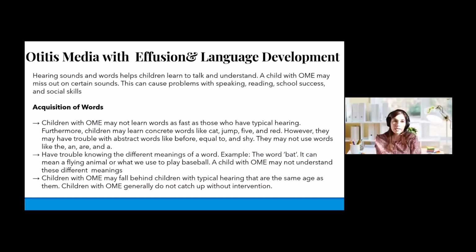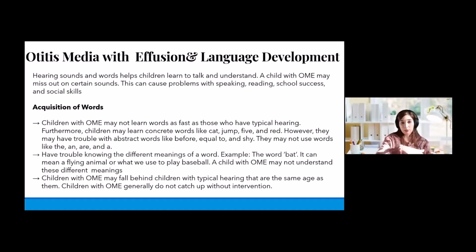So on this slide, we're just going to focus purely on language development. So hearing sounds and words does help children learn to understand and talk. Children learn so much accidentally, and I suppose if a child has otitis media with effusion, they're going to miss out on some of this language, and then this can result, as I've said, in problems with speaking, reading, school success, and social skills.